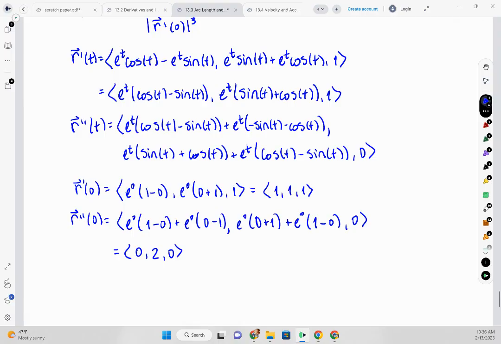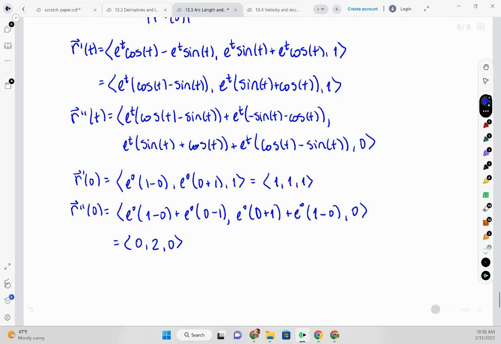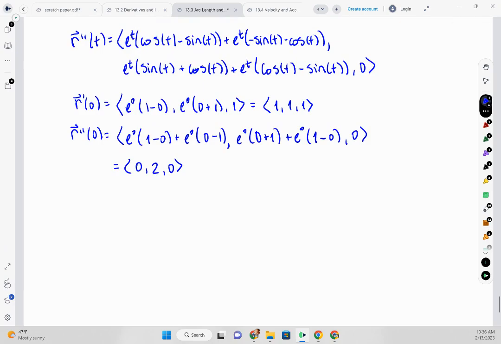Those are a lot easier to find cross products with than magnitudes. So that's my next step. R prime of 0 cross r double prime of 0. We have our i, j, k, 1, 1, 1, 0, 2, 0.